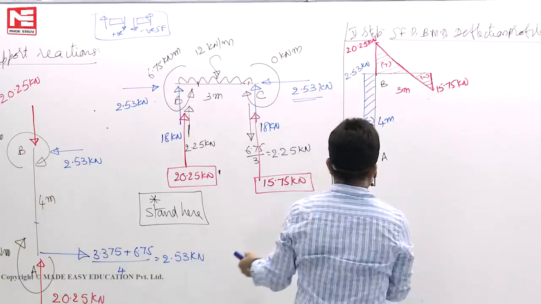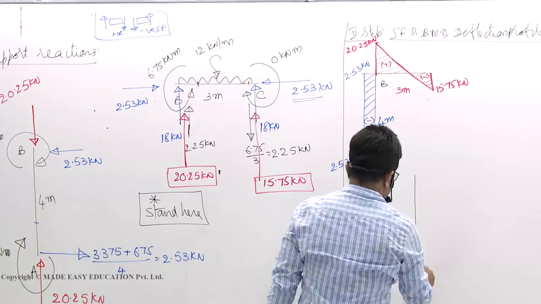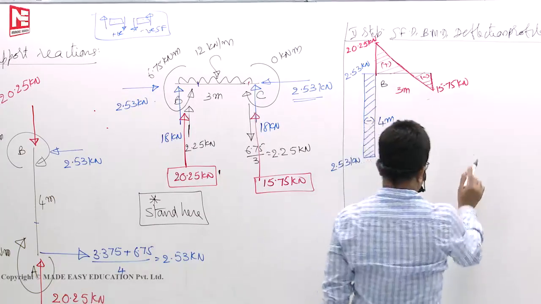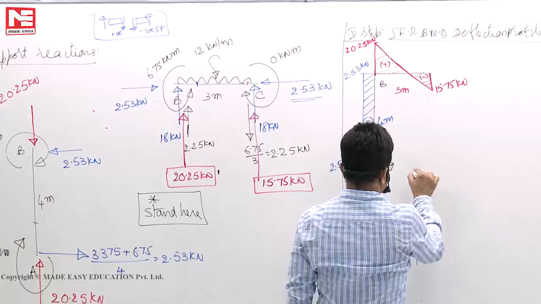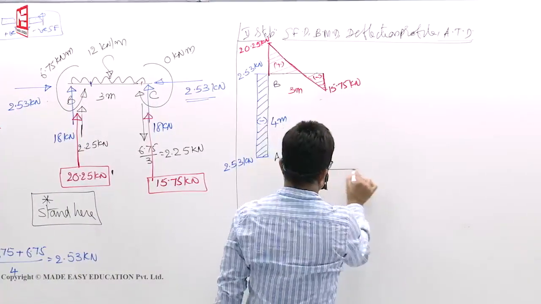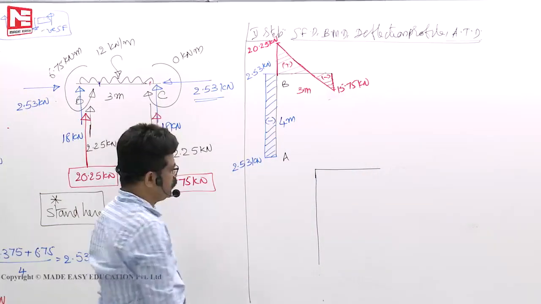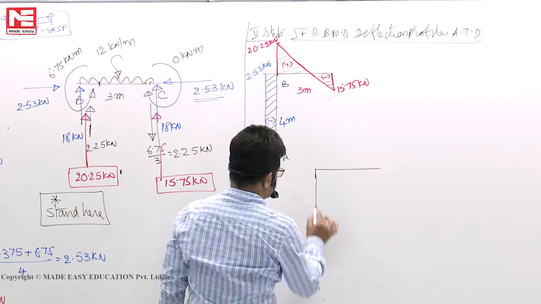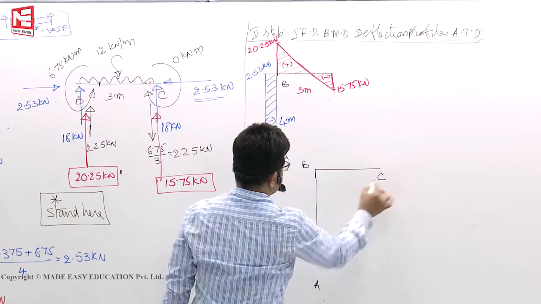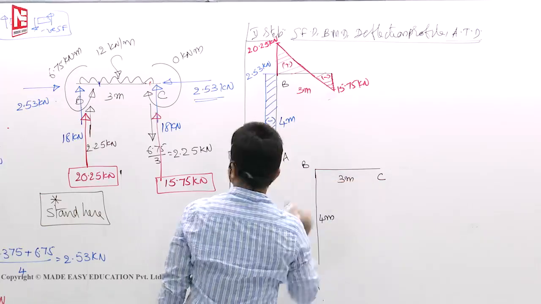Next, bending moment diagram. See here. This is one member. This is the other one. This point is A, B, C, 4 meters, 3 meters.